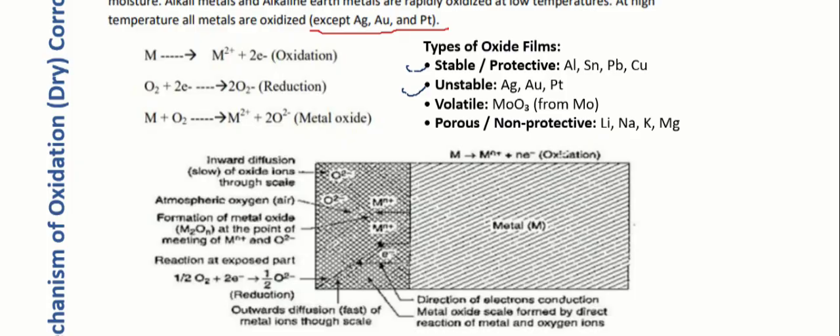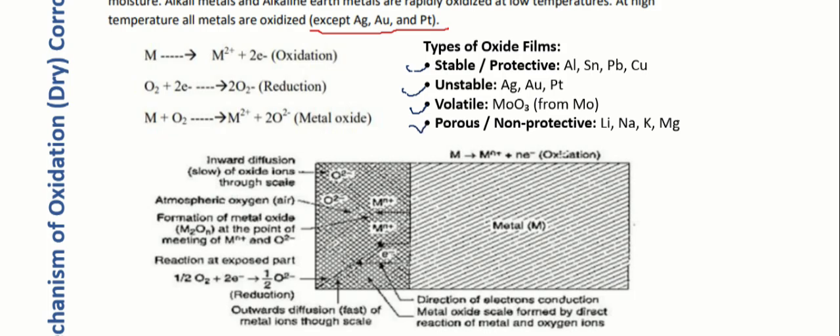Volatile oxide film. There are metals whose oxides are volatile at the temperature of formation. For instance, molybdenum forms molybdenum trioxide, which evaporates constantly, exposing fresh metal. This leads to rapid and continuous corrosion. And last, porous or non-protective film.